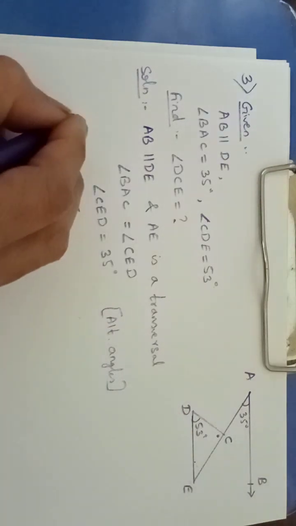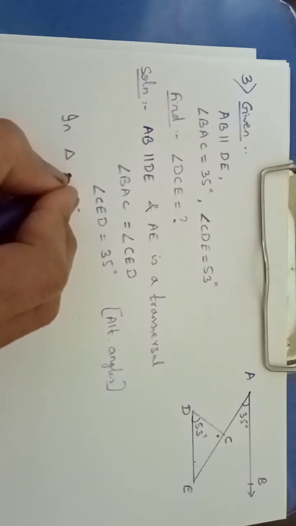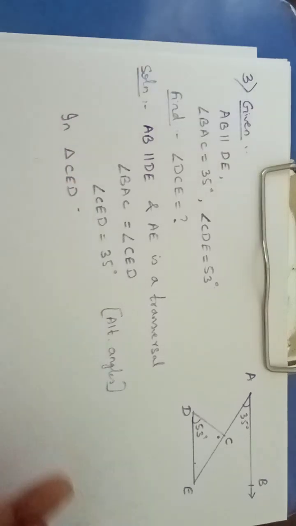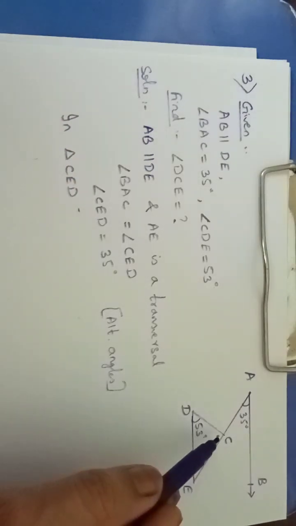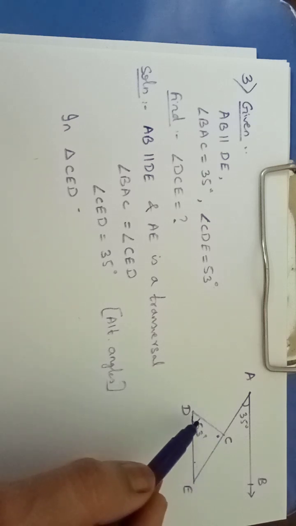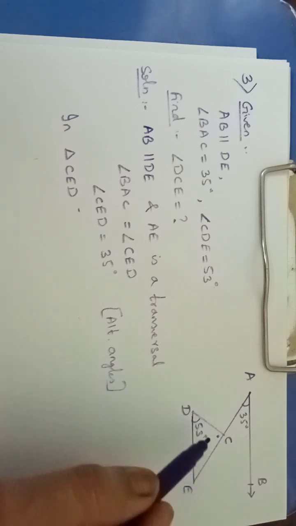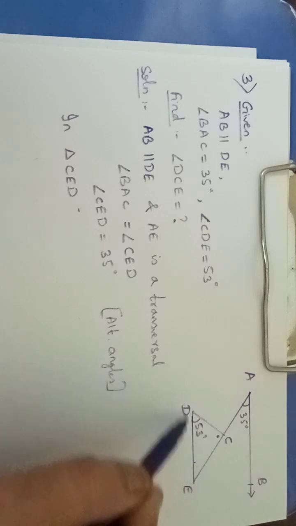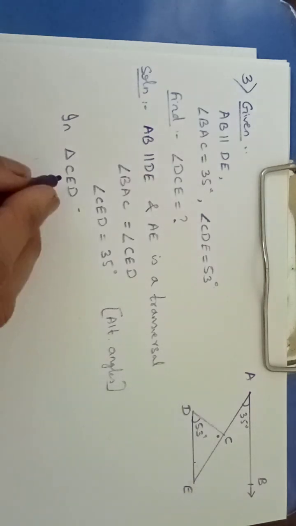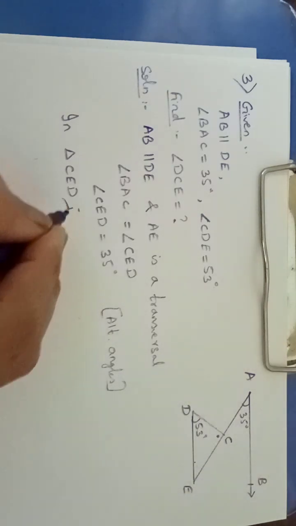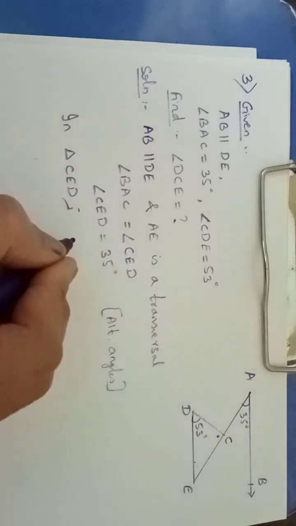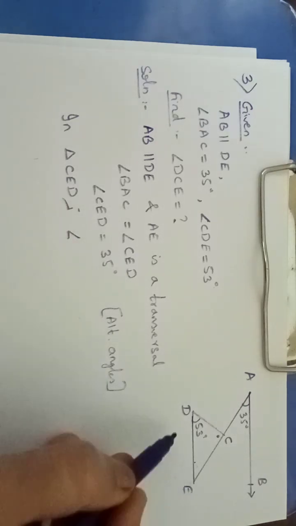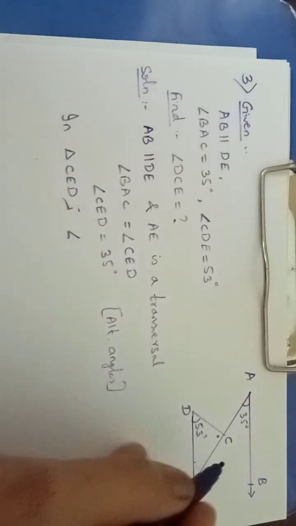Now further we will take triangle CED. Now we want to find this angle, and we already have this angle and this angle also. So we'll take this triangle CDE or DEC. So in triangle CED, I'll write the measurements of all the three angles.